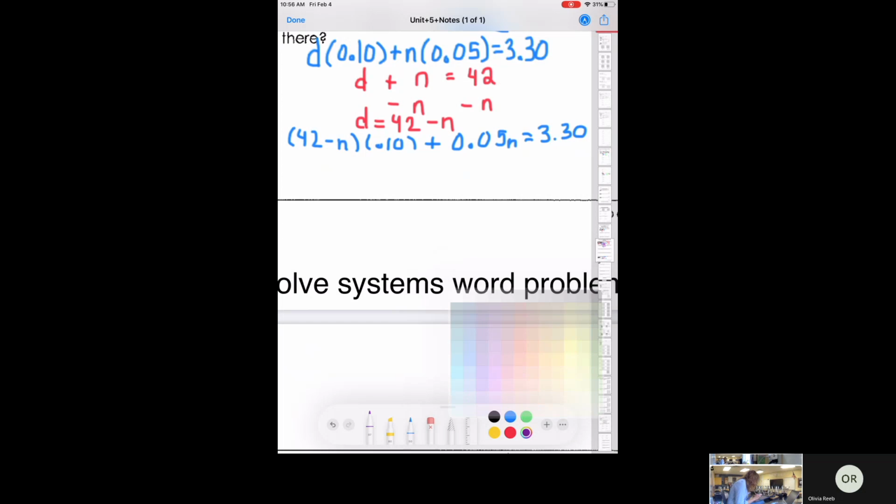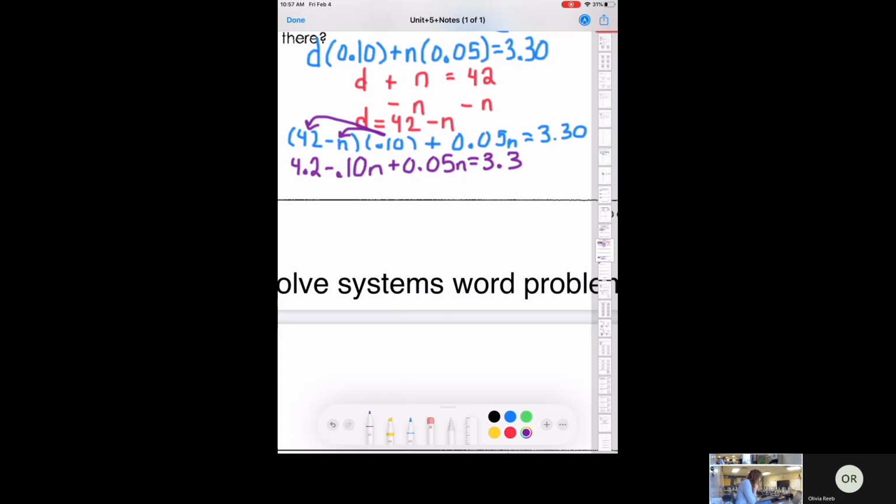I'm going to make it purple. 10 cents times negative N and 10 cents times 42. Sorry that it looks backwards. 42 times 0.10 is 4.2, minus 0.10 times N is 0.10 N. And I carry down the rest, plus 0.05 N equals 3.3. Notice I cleaned it up a little bit in this step.